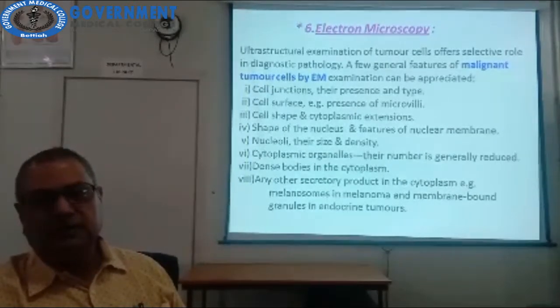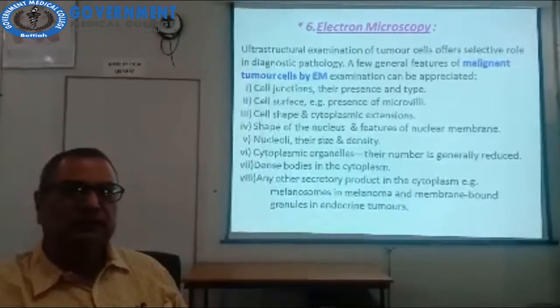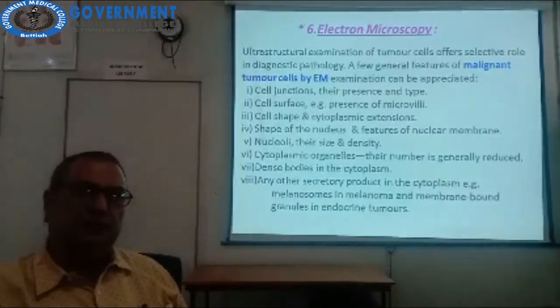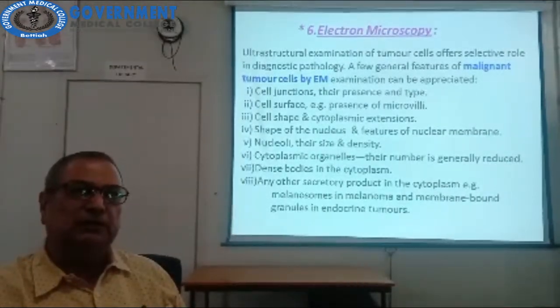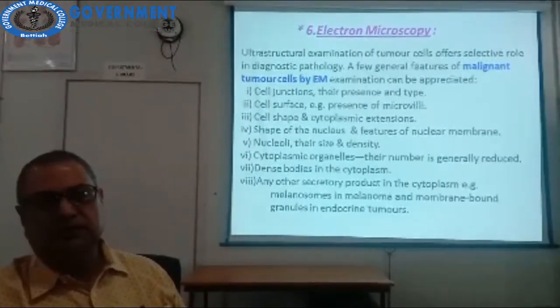Their number is generally reduced: mitochondria are reduced, free ribosomes are increased, but bound ribosomes are decreased, and endoplasmic reticulum is decreased.